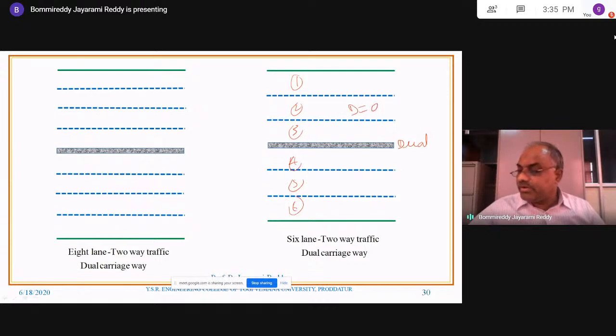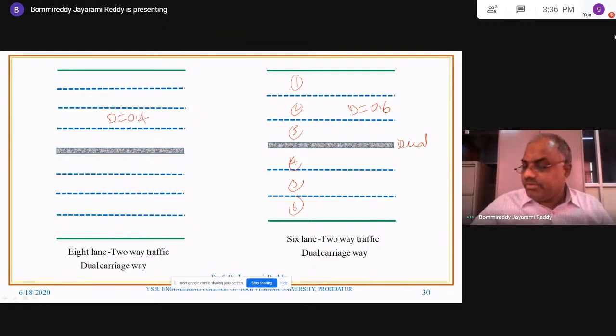The distribution factor is going to be less, because some of the vehicles moving on lane 1 are also coming onto lane 2, but the chance of coming to another lane is very small. So that's why the distribution factor here is 0.6. Whereas in case of four lanes on either side of the divider, the distribution factor is reduced to 0.4.